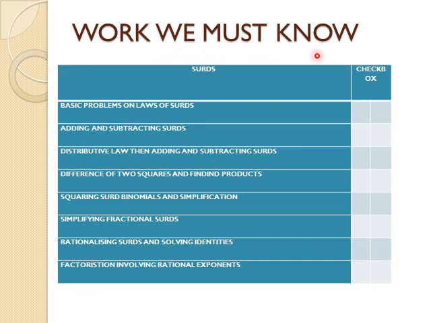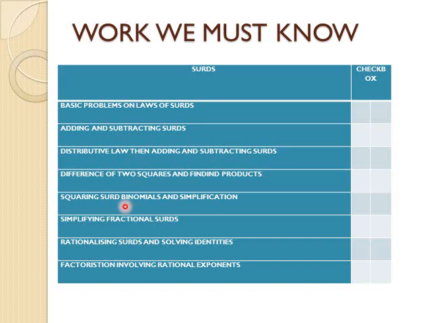Work we must know for surds, there's my checklist. So we'll be looking at basic problems on the laws of surds. We're going to look at the 5 laws. Then we're going to add and subtract surds by making them like terms. We're also going to have the distributive law. We're going to multiply surds and then add and subtract. We have surds given in the form of difference of 2 squares. We have to multiply out and find products.